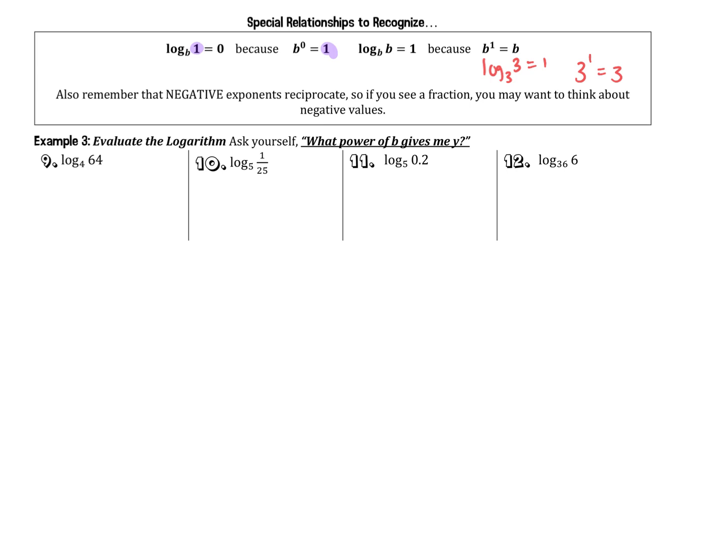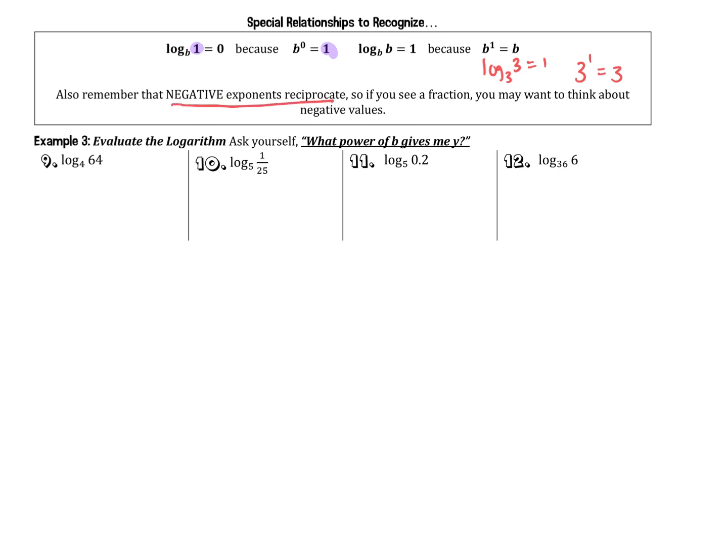The other thing I want you to be prepared to recognize is what happens if the number is getting smaller. So if you look at number 10, we're going from 5 to 1 over 25. So we're starting with something and we're getting to something smaller. If you think about exponents, what makes a number get smaller is going to have a negative exponent or a fractional exponent. So remember that negative exponents reciprocate.